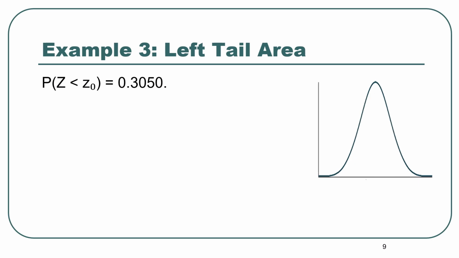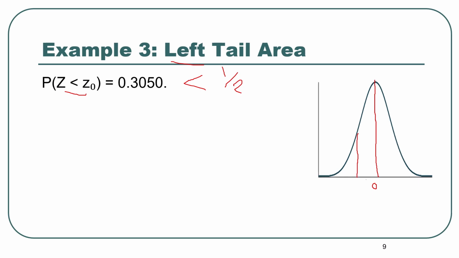Now I know that half of the area under the standard normal table from 0 till either side is half, and this value is less than half, and it is a left area. So my z-naught has to be on this negative side of my curve.